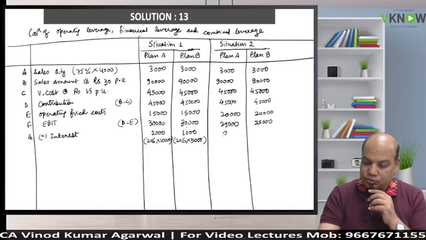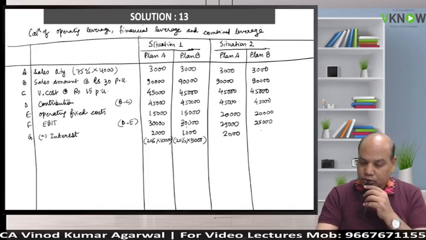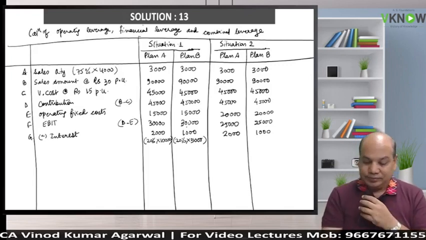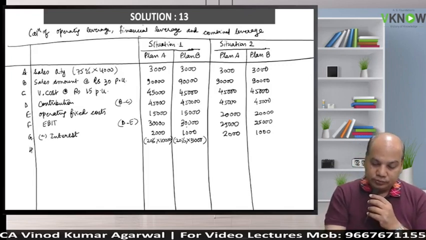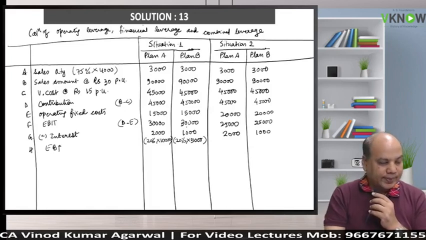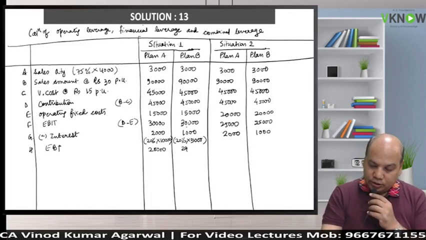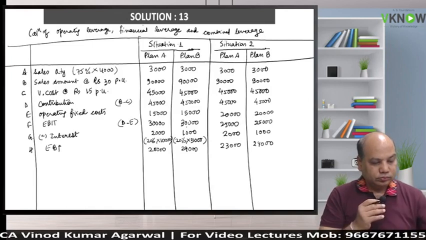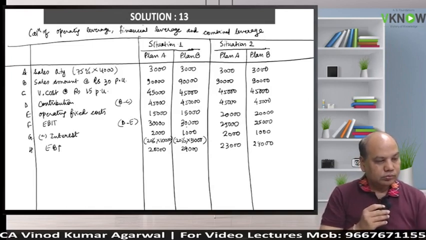Same thing repeat, 2,000 and 1,000. So what will you get now? EBT. First column 28,000, second 29,000, third column 23,000, fourth column 24,000. Is it right?